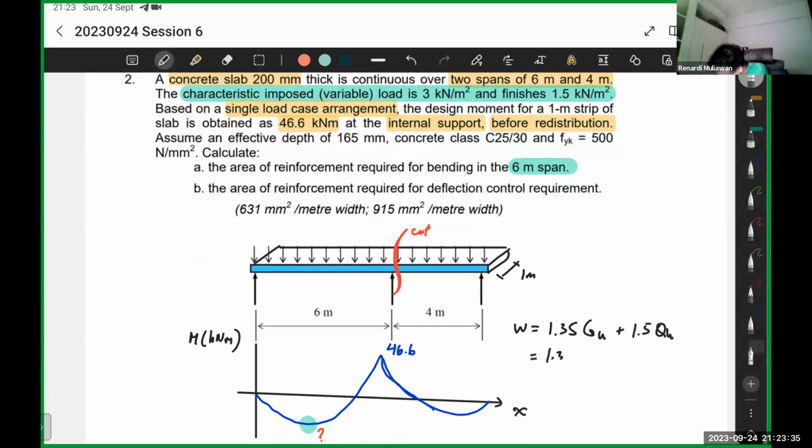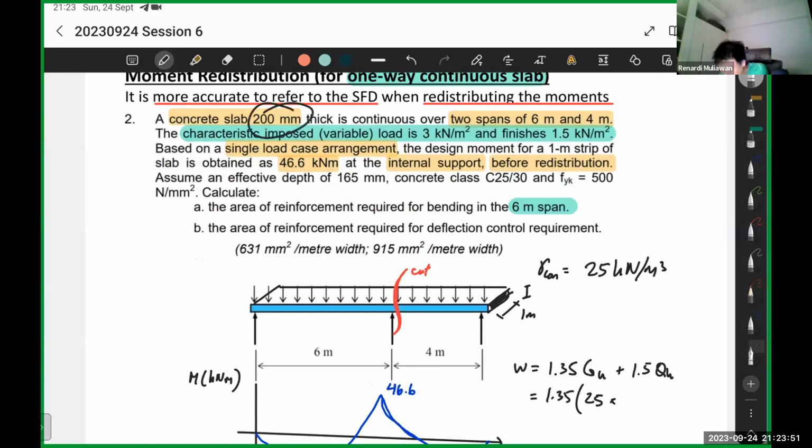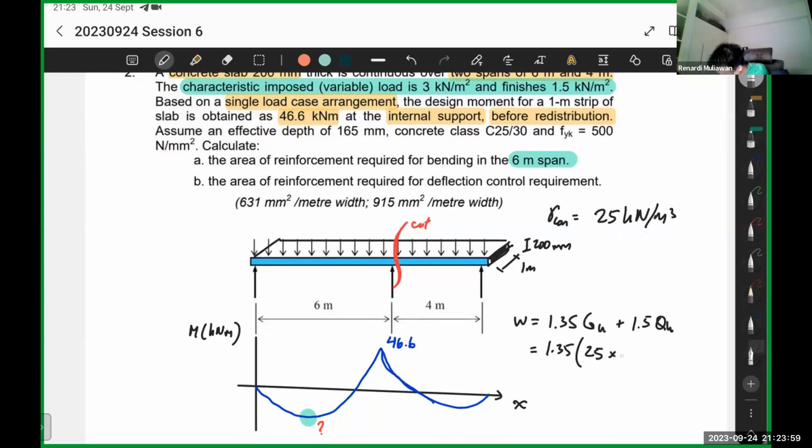So in this case, 1.35 multiplied by the self weight of the concrete. Concrete is 25 kilonewtons per meter cube, so you multiply by the area, which is 1 meter multiplied by 200 millimeters. So it's basically 1 times 0.2, plus finishes is 1.5.